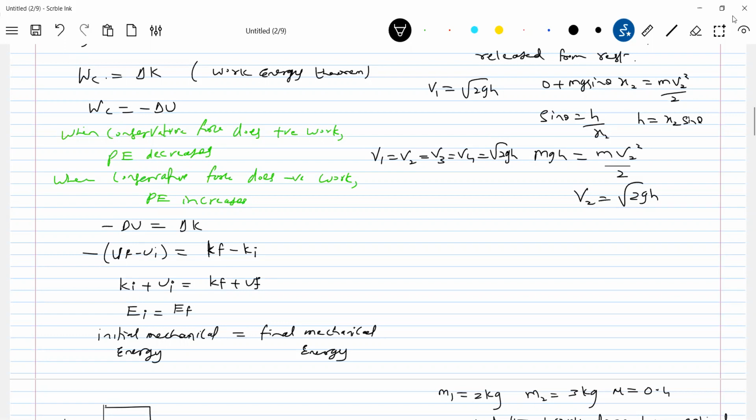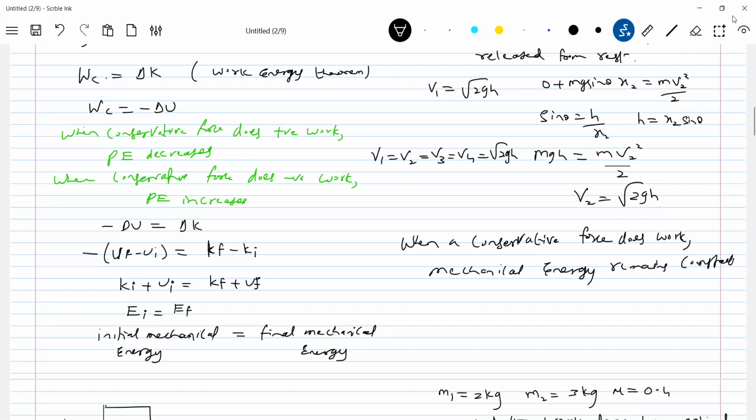So therefore, when a conservative force does work, positive work or negative work, the total mechanical energy remains constant.